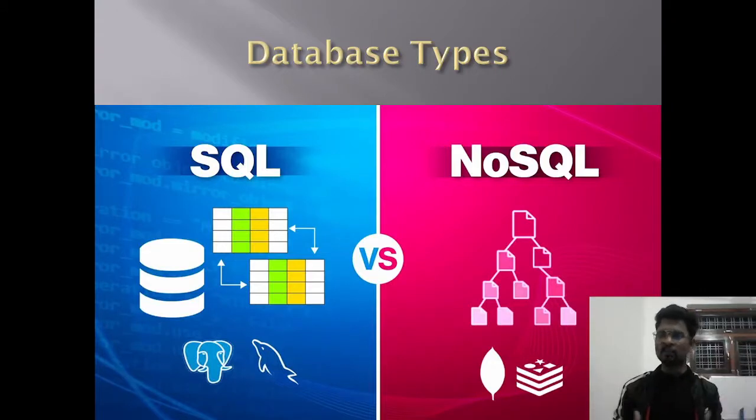As a backend developer, you should have extensive knowledge of databases. That's a necessary part. In the market there are two types of databases available: SQL and NoSQL. SQL is a relational database where data is stored in the form of tables, as you can see in the picture.